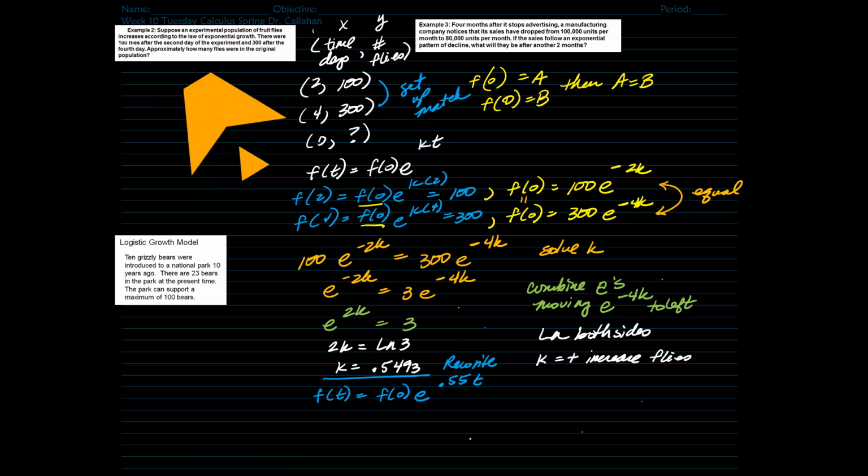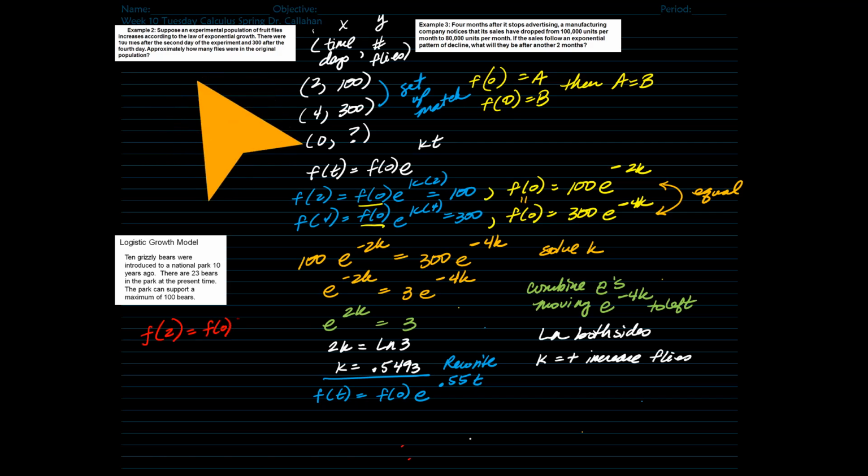So looking at this here, I know that f of 2 is equal to f of 0 e to the 2k, which is equal to 100.